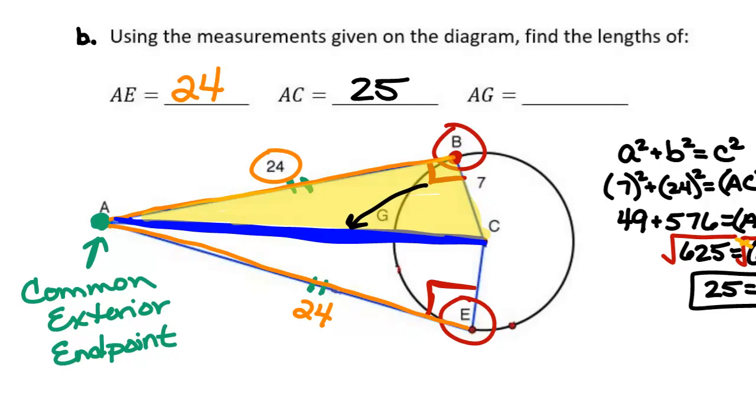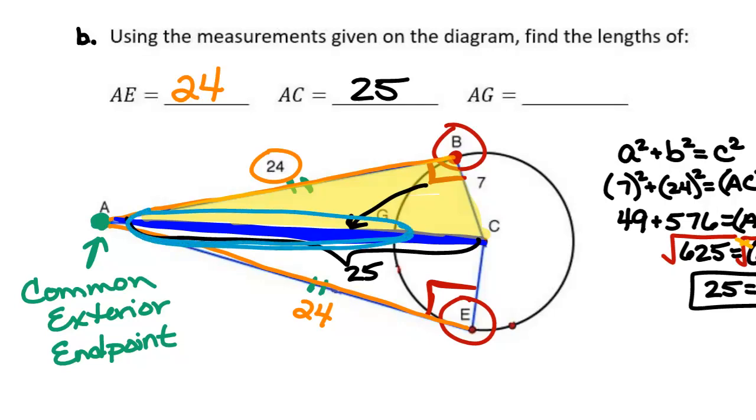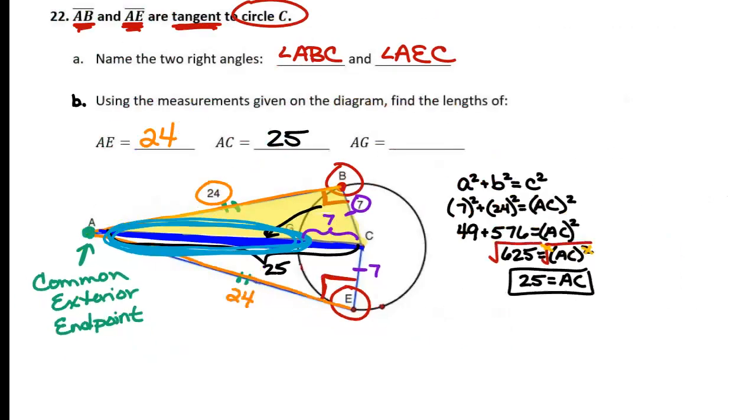Last thing they want me to find is AG. So I know that this whole thing here is 25. I want to find just this much of it. How big is GC? It is 7. Why is it 7? Because it's a radius. They tell us right here that segment BC from the center to the edge is 7. So any other radii would also have to be 7. So GC and CE would also be 7.